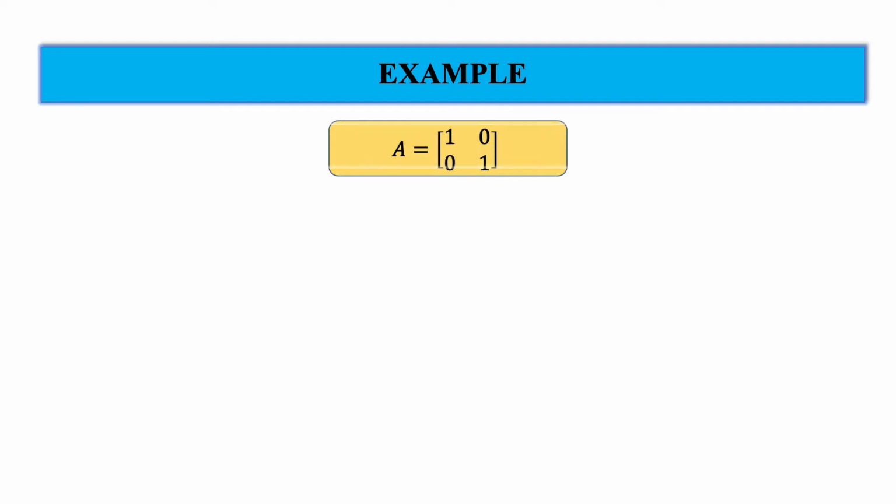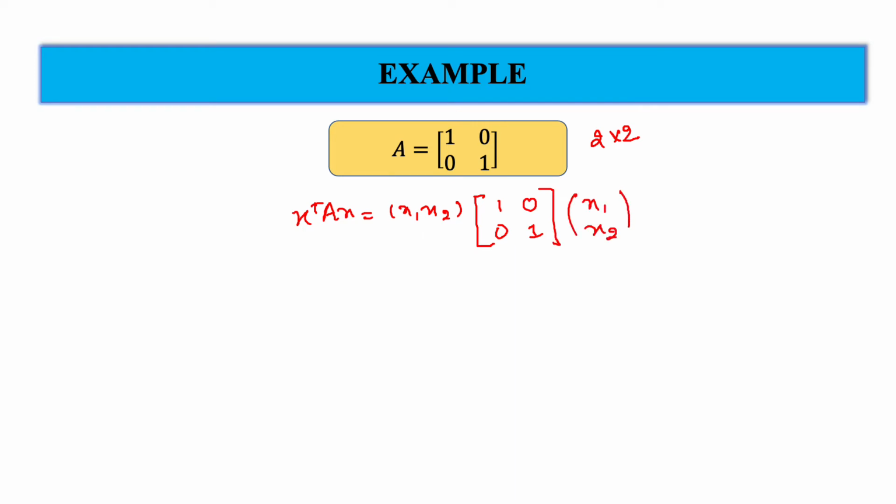Now we take another example. Take the identity matrix of order 2 into 2, [1, 0; 0, 1], and when you take x transpose Ax, which will again be x1 x2, A is [1, 0; 0, 1] and x1 x2.